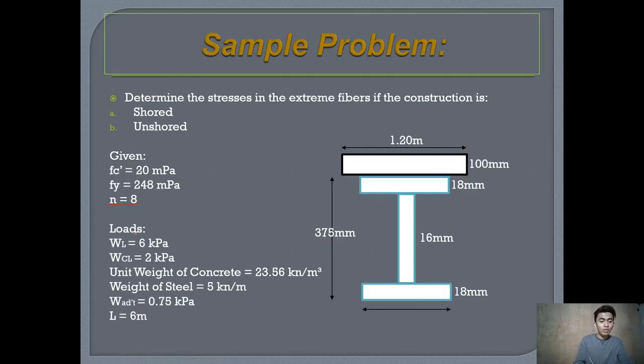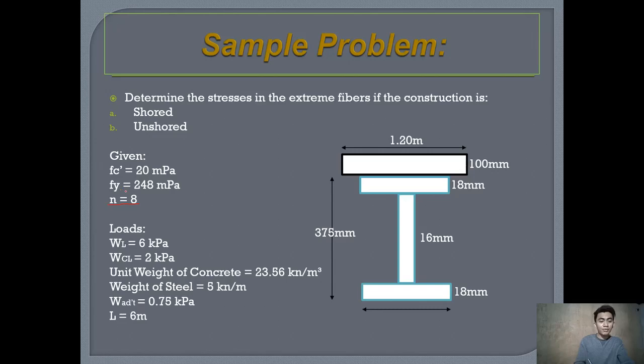The loads here now will be utilized in computing for the stresses that are present during shored construction and then unshored construction. Then at the same time, we will be comparing now the stresses obtained from these two to the allowable stresses obtained now from Fc prime and then Fy here, right?